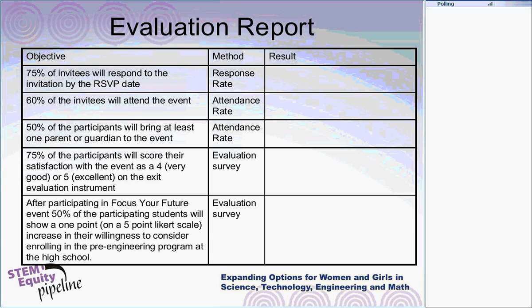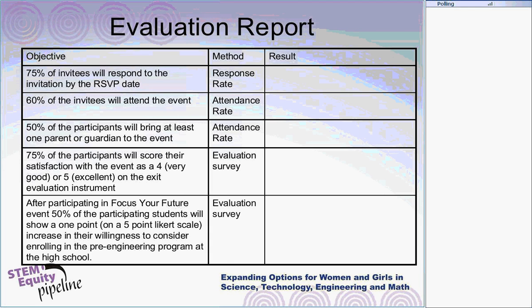If you remember what that measure was, it had to do with change in attitude about the likelihood of them enrolling, moving up the Likert scale in the evaluation instrument. So that outcome would be one you could measure immediately. The other outcome measure, you recall, was one dealing with looking at enrollment the year following this event. The thing that's difficult in those kinds of measurements is to remember that that's something you want to look at when the time comes when it's appropriate. So again, evaluation needs to occur over a long-term process, and we need to remind ourselves about points in time when we want to go take a look at data.